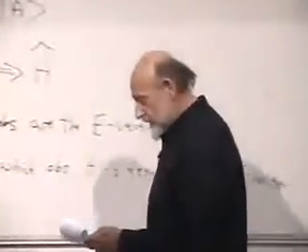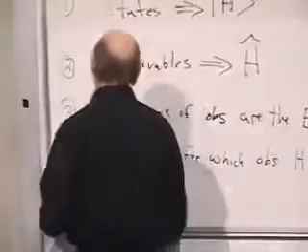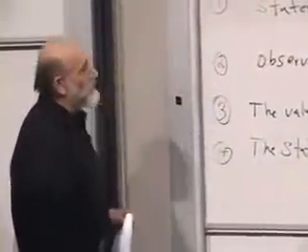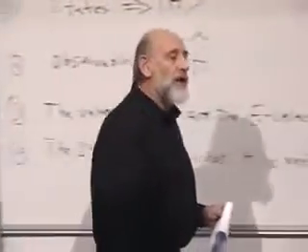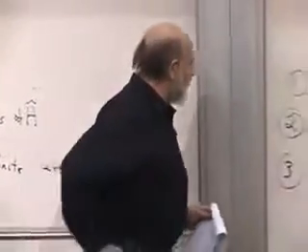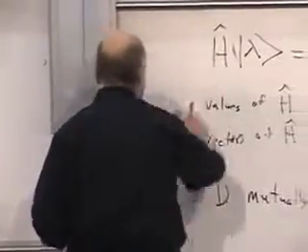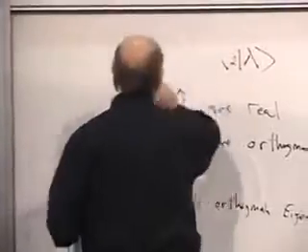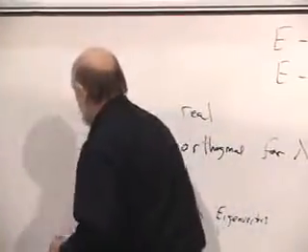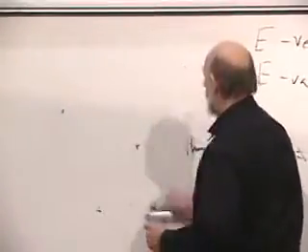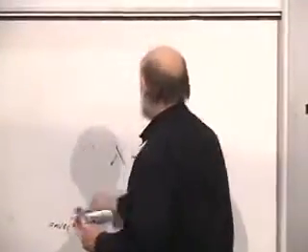All right, so that's the fourth postulate. And the fifth postulate is what happens if you start with a state which is not an eigenvector of the quantity of interest. So in other words, supposing instead of preparing a system with a state which happens to be an eigenvector of h, you prepare some other state somehow. And I'll give you examples. We'll come to it.